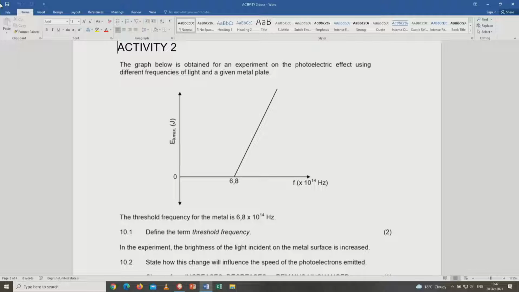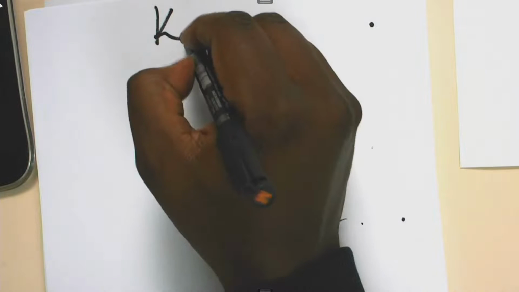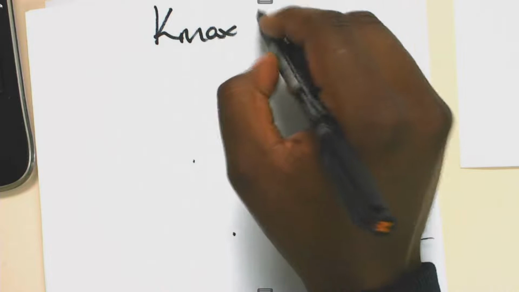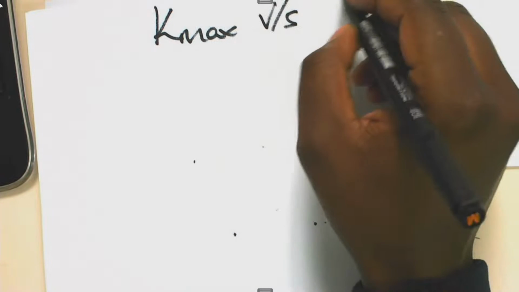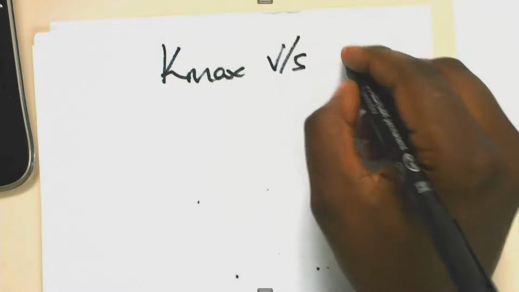Even if you are given a graph of wavelength, let's say you are having a graph of wavelength versus kinetic energy. If that is the case, our graph is Kmax versus our wavelength.